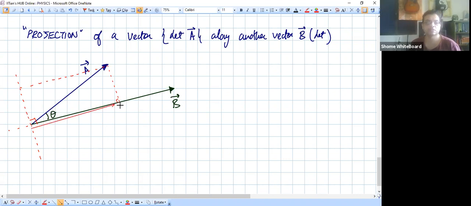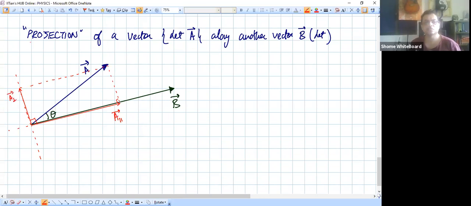One will be like this and the other will be like this. Okay. So we will give this a short form name A parallel and this one a short form name A perpendicular.